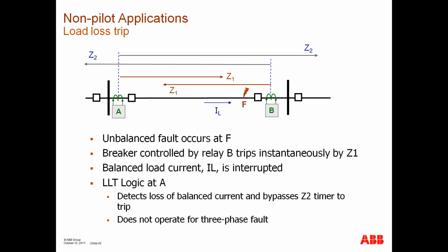Hence, this application is good for all faults except three-phase faults. So it senses the balanced load is gone, and therefore will bypass the timer for zone 2 and go ahead and trip.